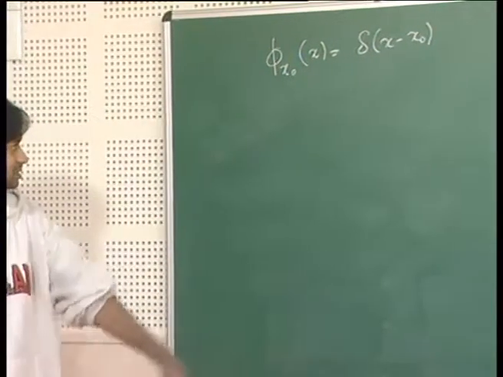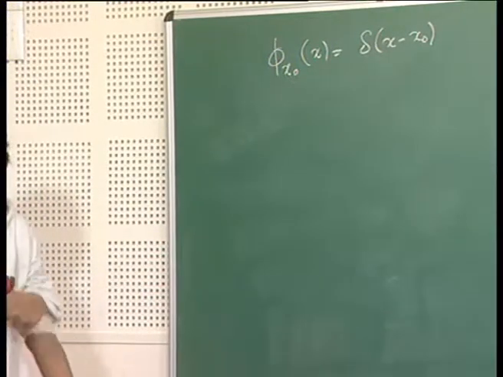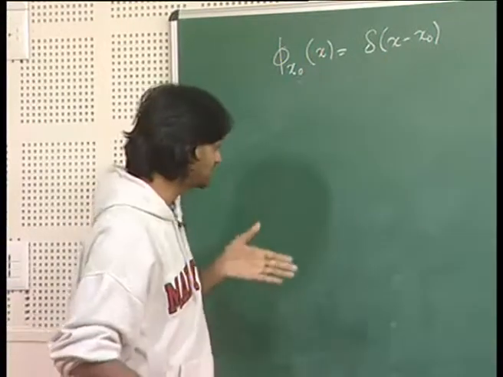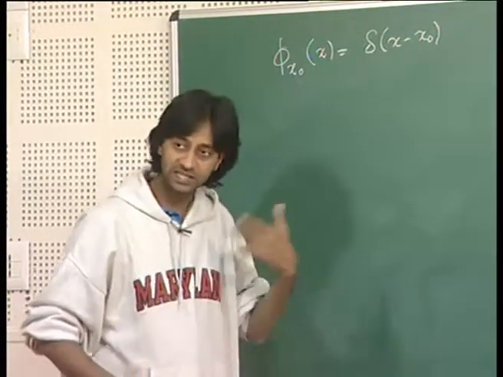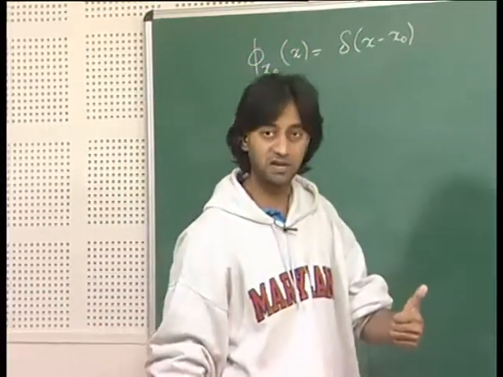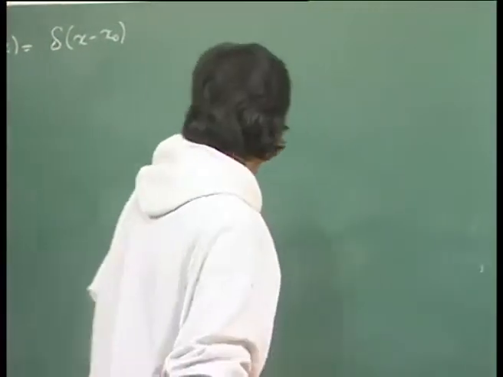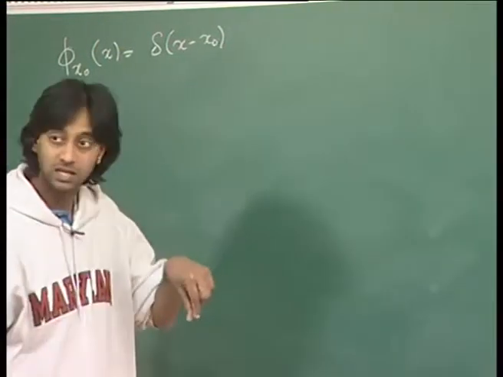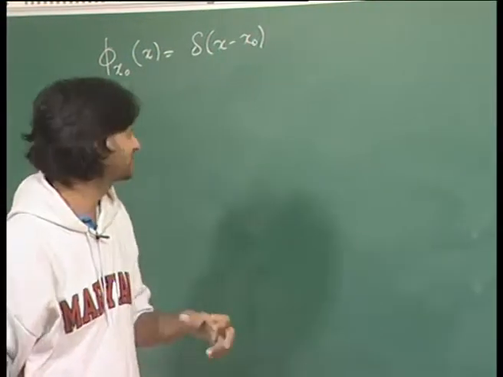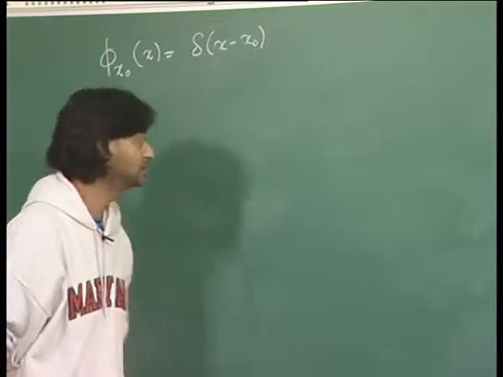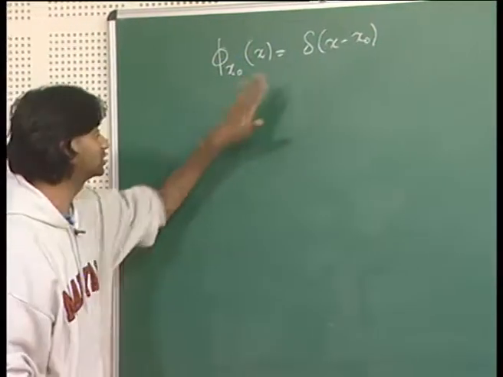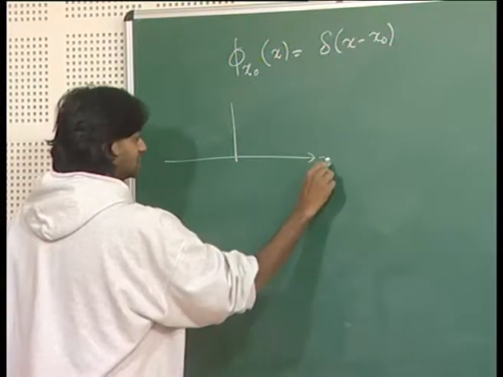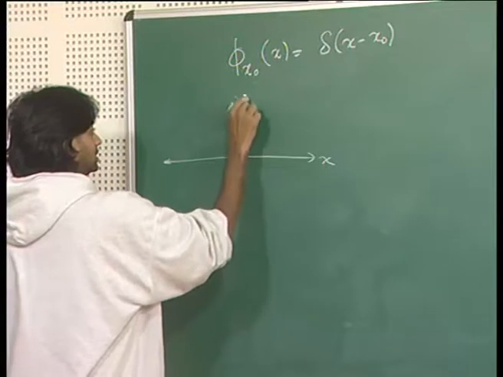Okay. And this makes sense physically also, because if you want to say that you are in a state which has a very fixed value of the position, then the only state that can have a fixed value of position is where your probability of finding the particle is non-zero at only one point. So, psi has to be equal to delta x minus x0. See, suppose this is your x variable and this was your wave function.